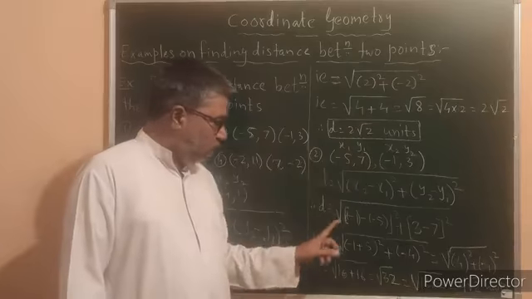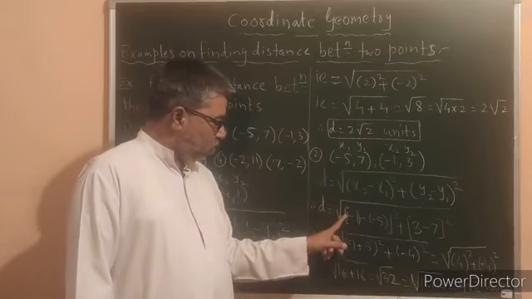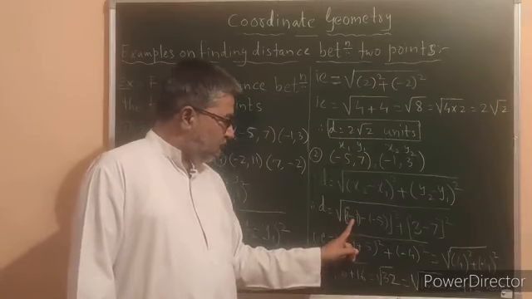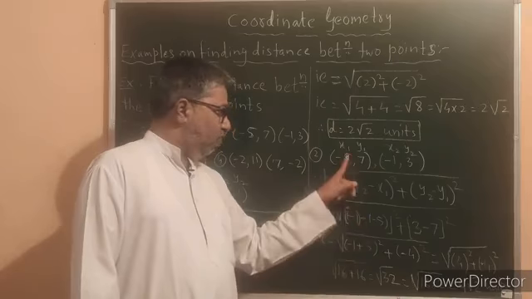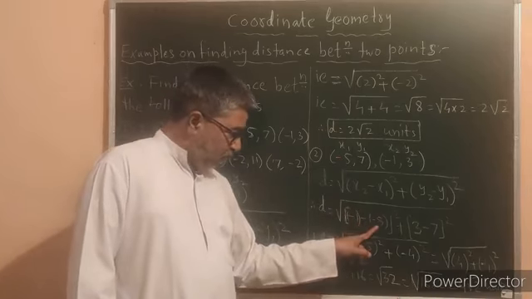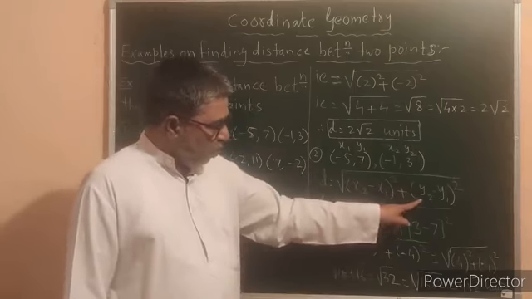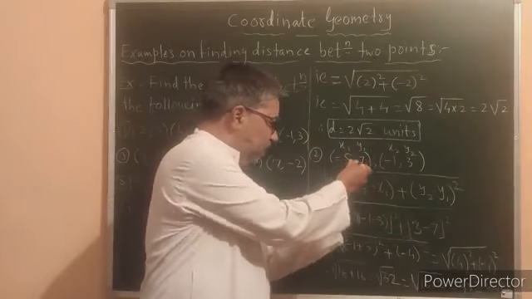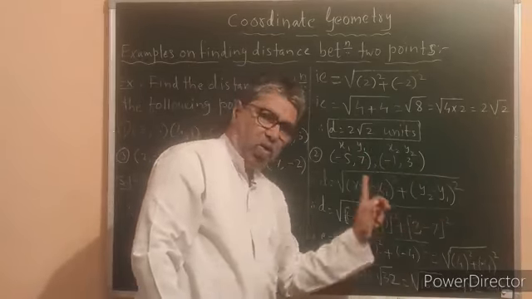Now let us substitute the values. d is equal to square root of value of x2 is minus 1 minus value of x1 is minus 5, so (minus 1 minus of minus 5) square, plus value of y2 is 3 here, 3 minus value of y1 is 7, so (3 minus 7) whole square.